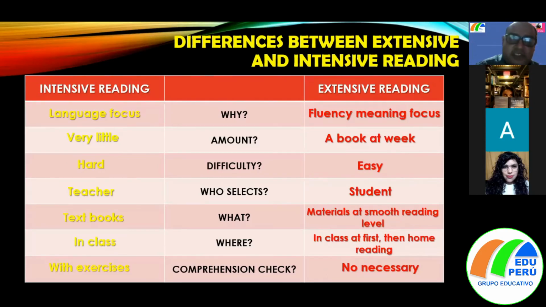You could have a better idea because you know about the topic, the characters, the details, so it's going to be easier. First, because you like the book. Second, because you have the overall meaning of the book, and you can understand the unknown words from the context because you know the context. So it's better and it's easier. All right, so notice these tips and these differences between extensive and intensive reading.